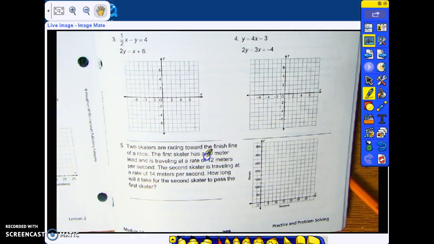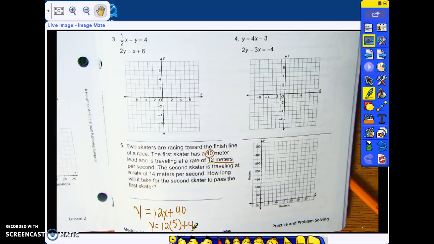So our first skater has a 40-meter lead, so that's their starting point, and they're traveling at a rate of 12 meters per second, so that is 12x. To graph that, we go almost to the 50, and when I have an equation that has a table that's not going by ones, I like to plug in a number just to see, 5, for example, where that's going to cross on the y-axis to make sure I'm graphing this correctly.